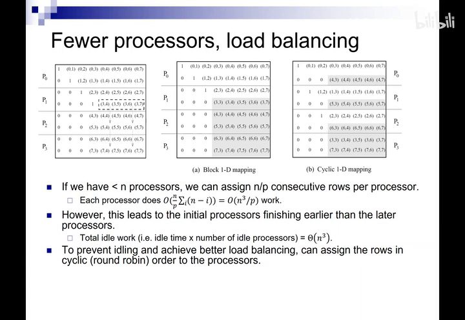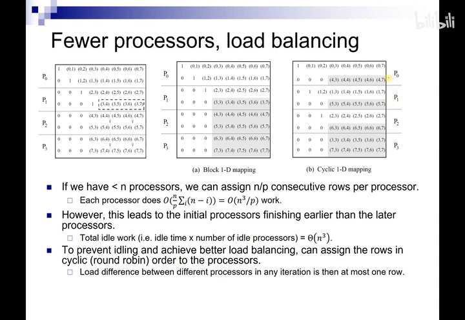And when you do the cyclic mapping, you see that now you're going to have much less load imbalance. In fact, each process can only finish one iteration ahead of the next process.